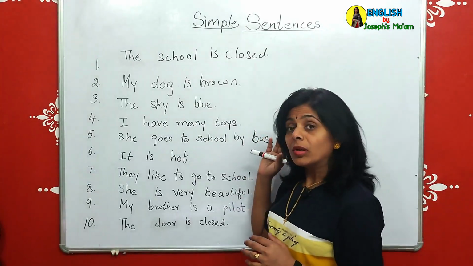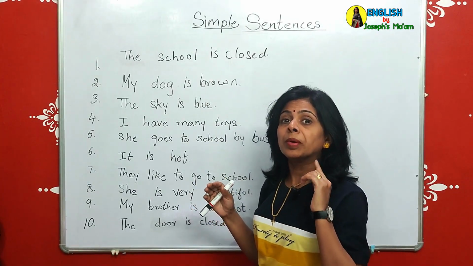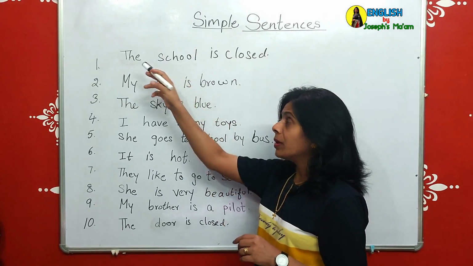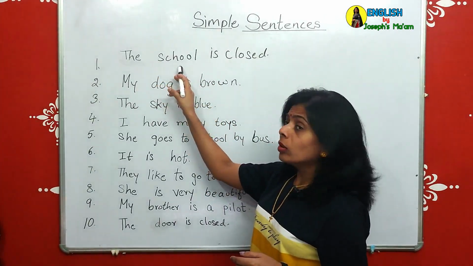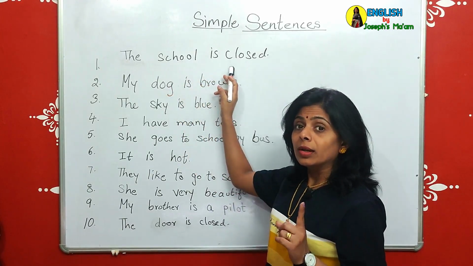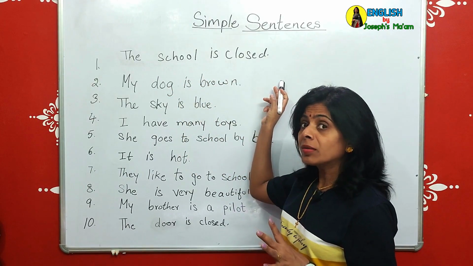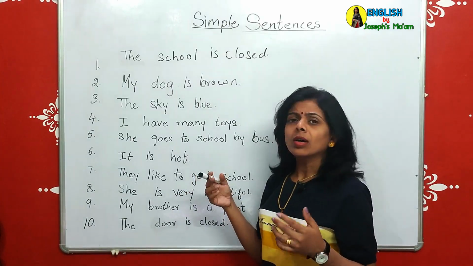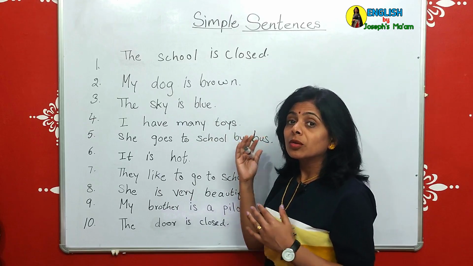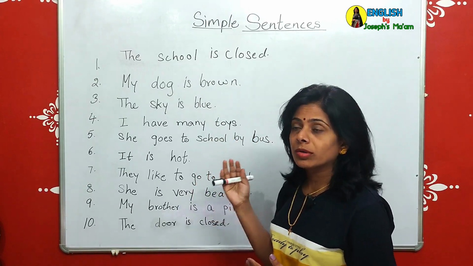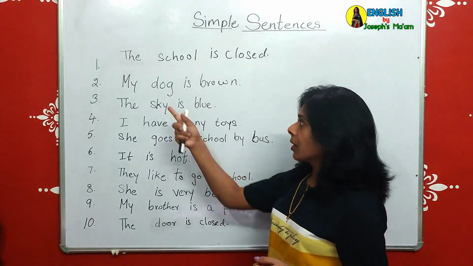When you listen carefully, you will be able to read the sentence and then speak. The school is closed means school band hai. We generally say, aaj to school band hai. So how will you say that in English? The school is closed. Simple sentence.